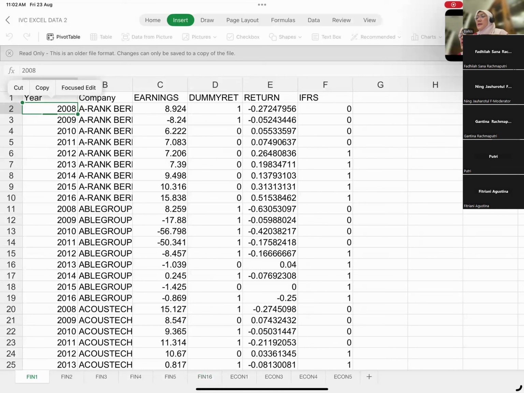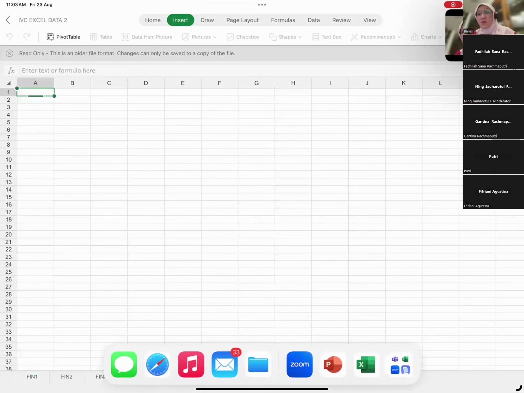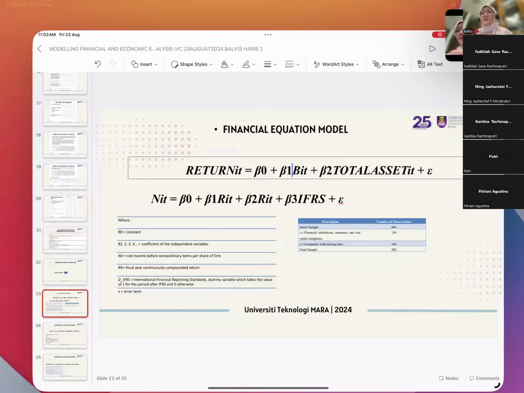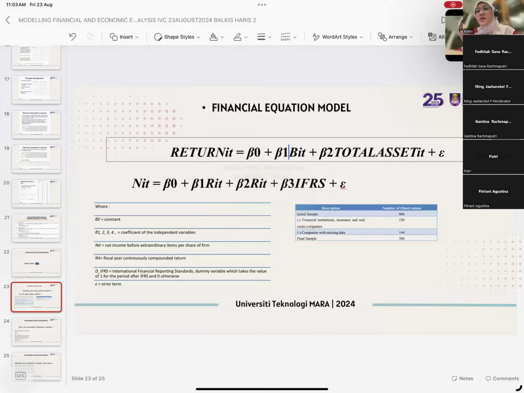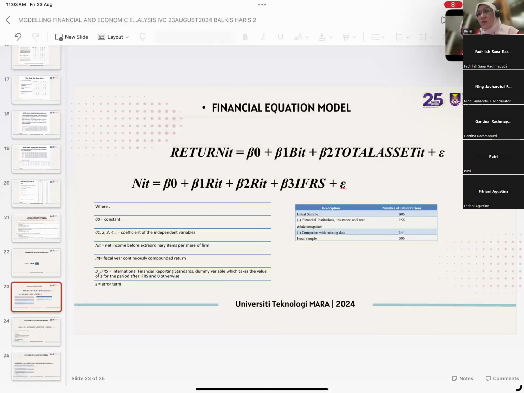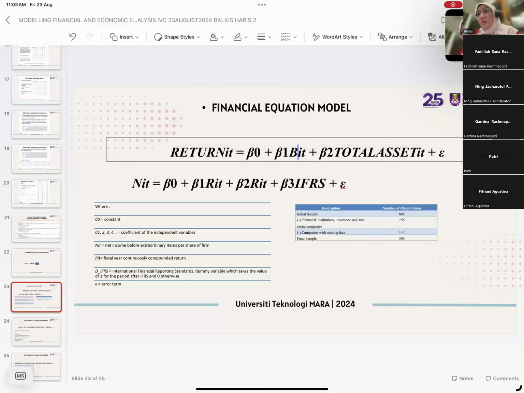Let's say I would like to measure whether the company profit affects the prices, meaning it affects the return of the company. So here will be the profit of the company.